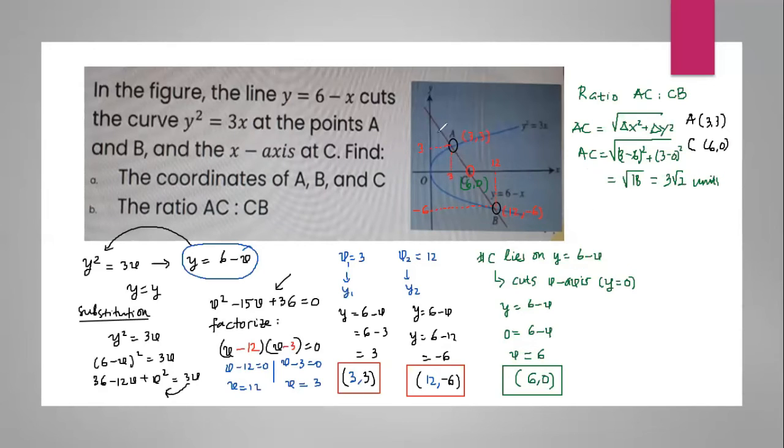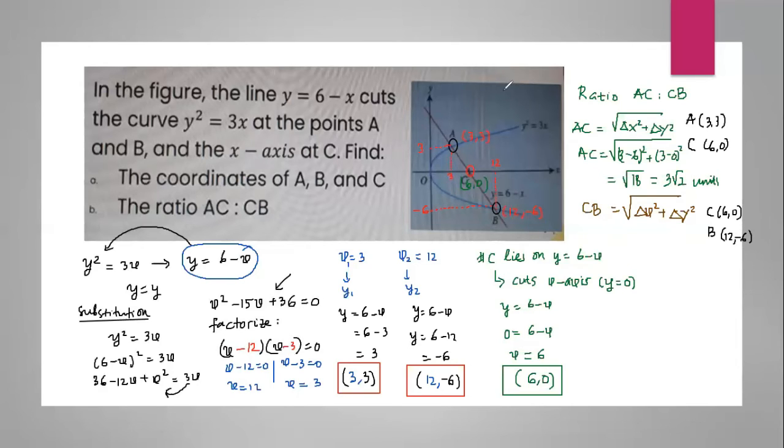Now you're going to find CB, the root of delta x squared plus delta y squared. C is 6 comma 0 and B is 12 comma minus 6.